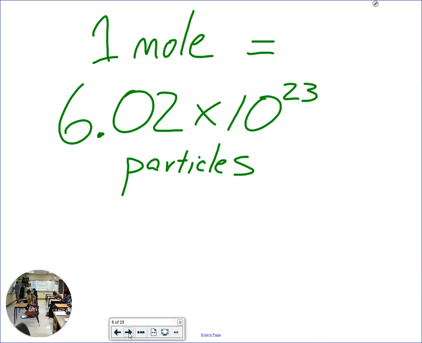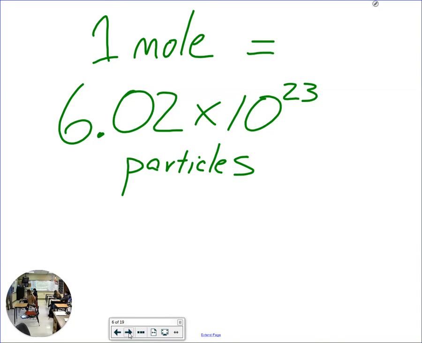But 1 mole is always going to equal 6 times 10 to the 23rd, or 602 sextillion. And it's not going to be terribly often that you have to convert stuff into numbers of atoms or numbers of molecules or numbers of formula units, numbers of particles, period. But it's handy to keep that in mind, okay? Because sometimes you will get asked.